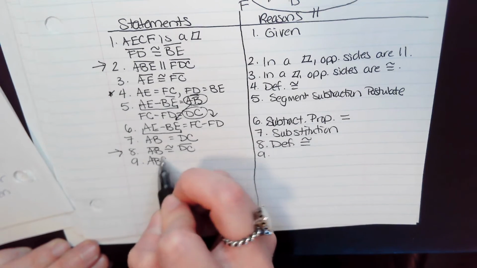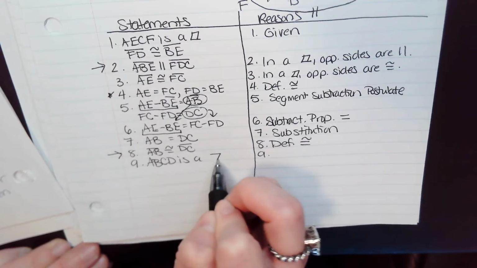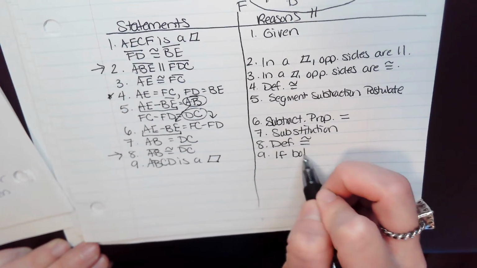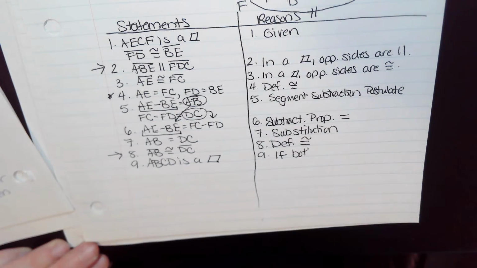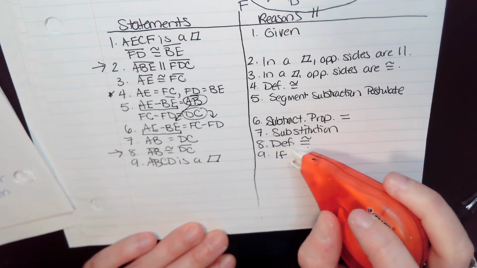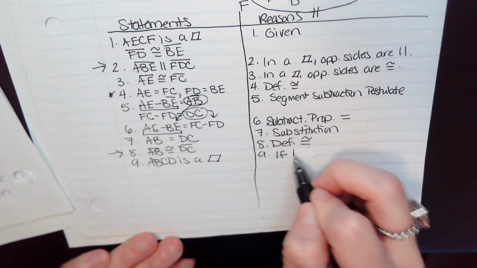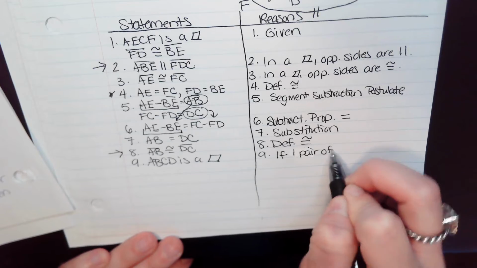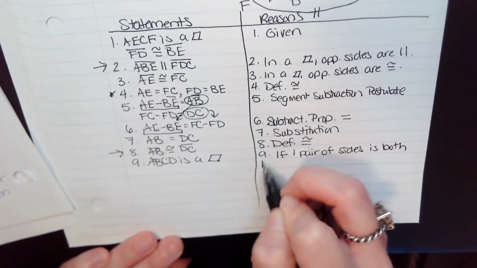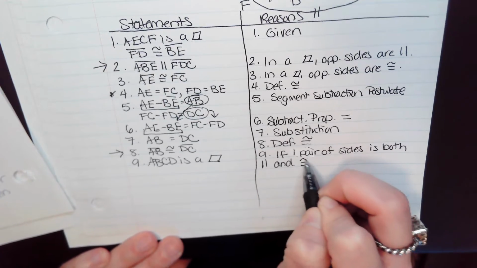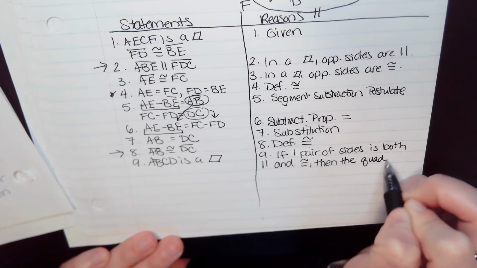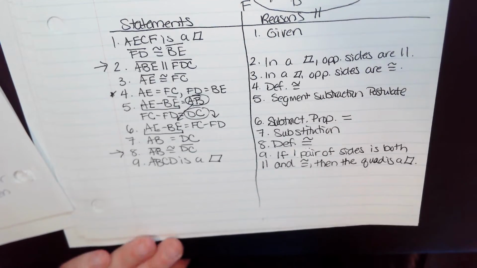So now I can say that ABCD is a parallelogram, because if one pair of sides is both parallel and congruent, then the quad is a parallelogram.